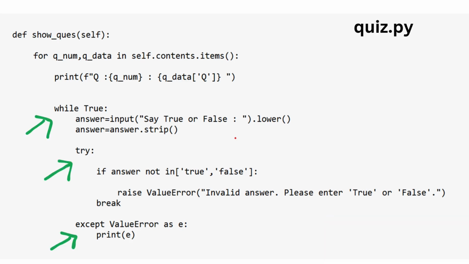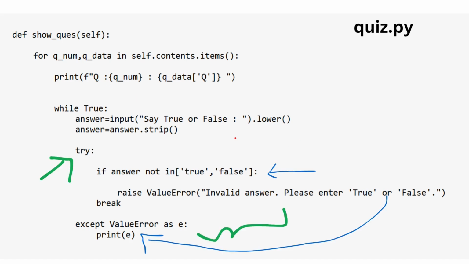Okay, so here we have included a while loop as well as a try and except block. Let's see. At the start, it is looping over the question number and data. After the first question is printed along with its number, a while loop is started here. Inside this while loop, it asks the user to enter the response, like true or false.